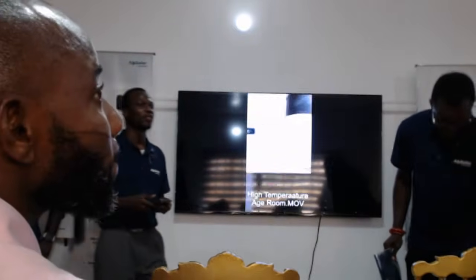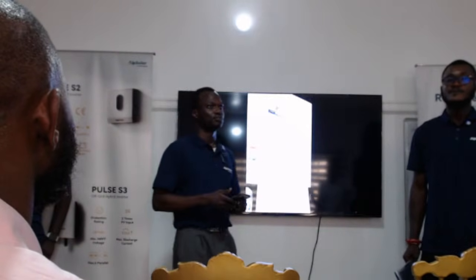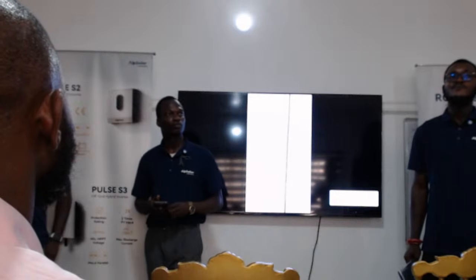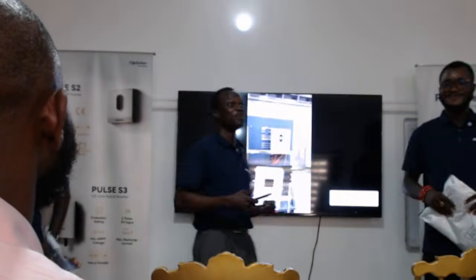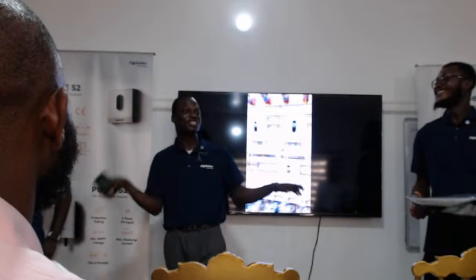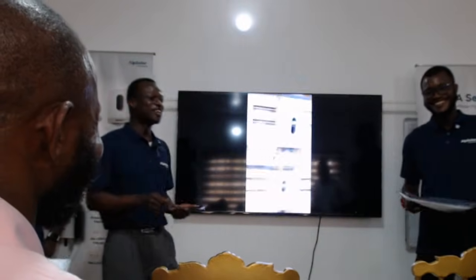It gives the installer confidence to approach the end user and give them assurance. And the end user always comes back, once they get satisfaction from the service. Thank you very much. I think that's more of a personal question, but it has a lot of answers. I like the way you answered it.